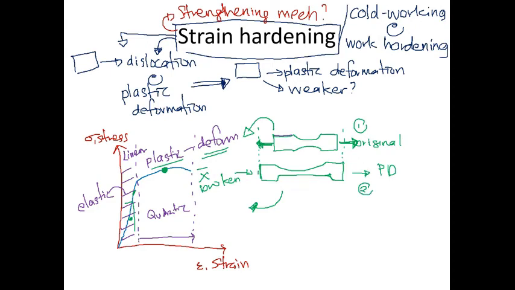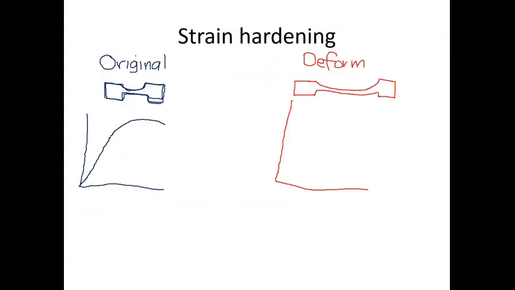Let's take a look at both results. You have the original sample with a shorter length, and then you have a deformation sample with a longer length. And then we did a stress and strain experiment. This is stress and this is strain.